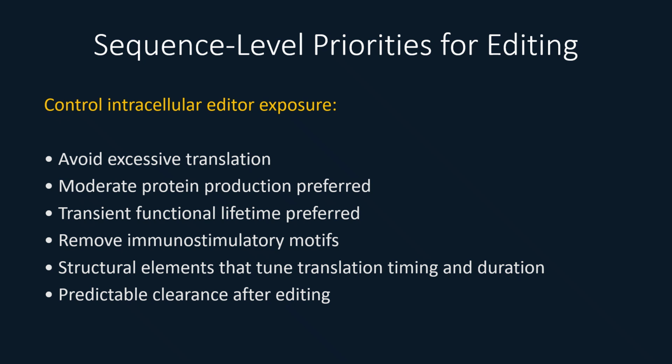So you are not optimizing for maximum protein production. You are optimizing for controlled, limited presence. That means you typically avoid strong translation. Moderate expression is enough to achieve editing.